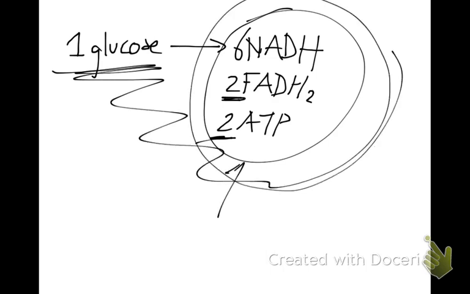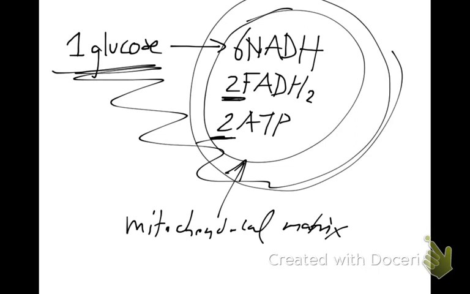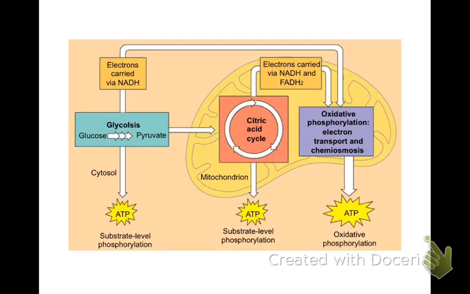In the Krebs cycle, in the mitochondrial matrix, inside the mitochondria, the Krebs cycle is going to eventually give us 6 NADHs, 2 FADH2s, and 2 ATPs. And the way it does that is, we got our glucose becoming pyruvate, and then the pyruvate becomes acetyl-CoA, that intermediate step, and acetyl-CoA goes into here.